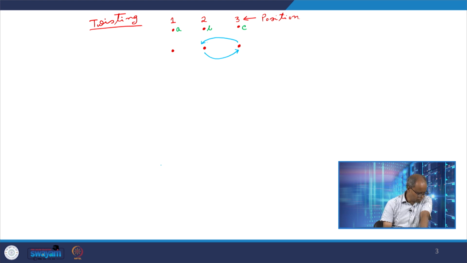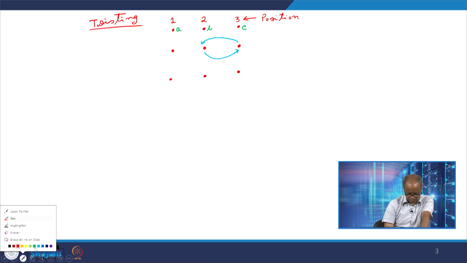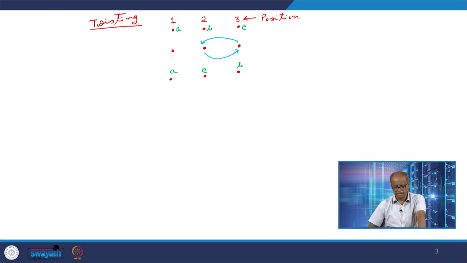So when that happens, after some time these conductors become A, C, B. So, it is called twisting.